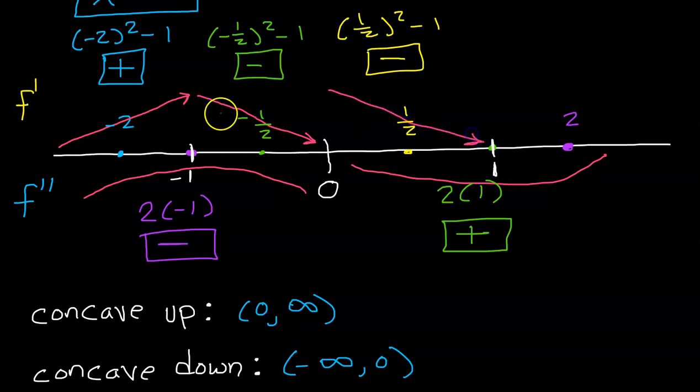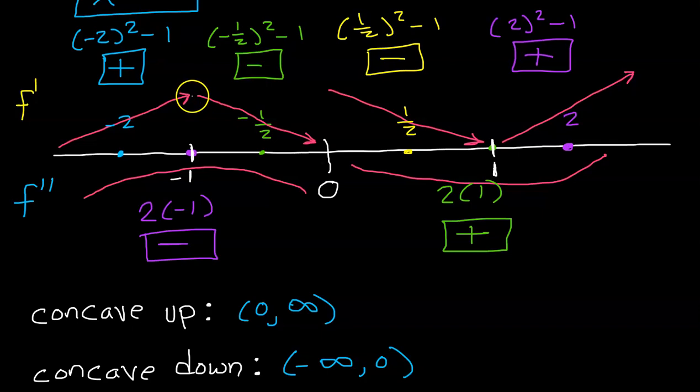All right, back-to-back decreasing intervals. So how about the final interval? Let's do our test value of 2. So that'll be 2 squared minus 1. That's 4 minus 1. That is a positive value. So the function is increasing in this interval.